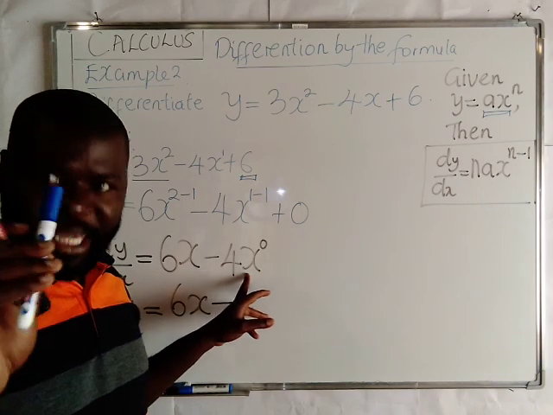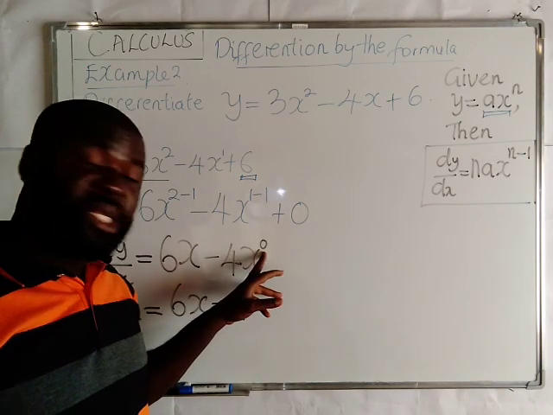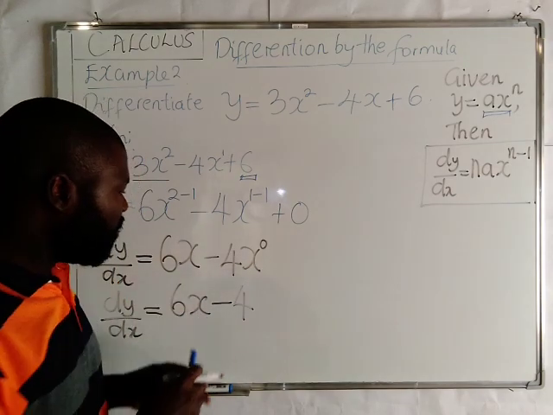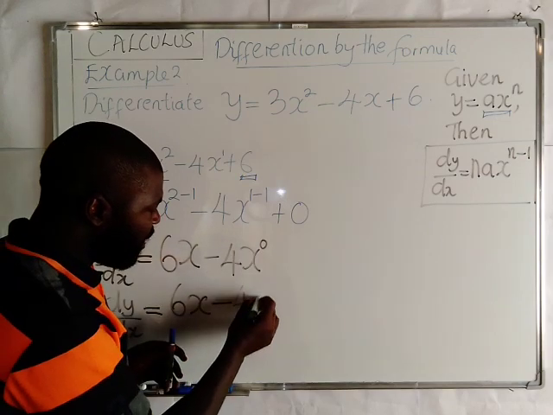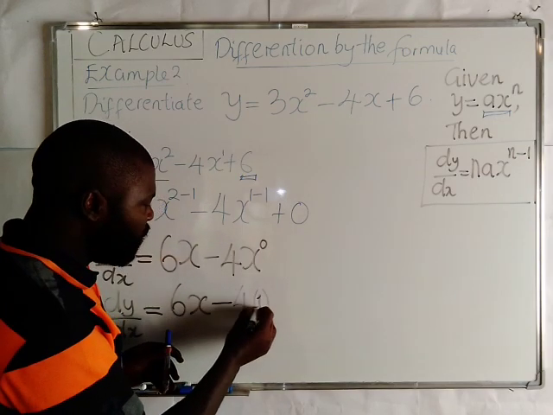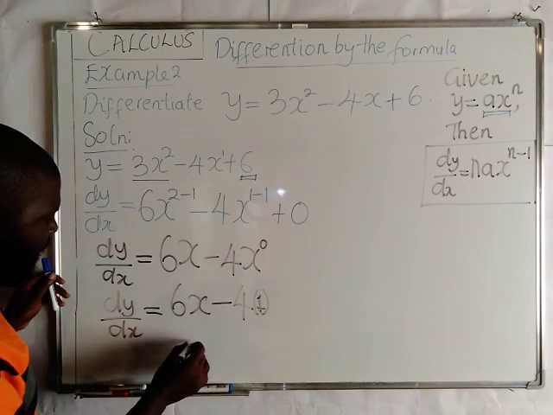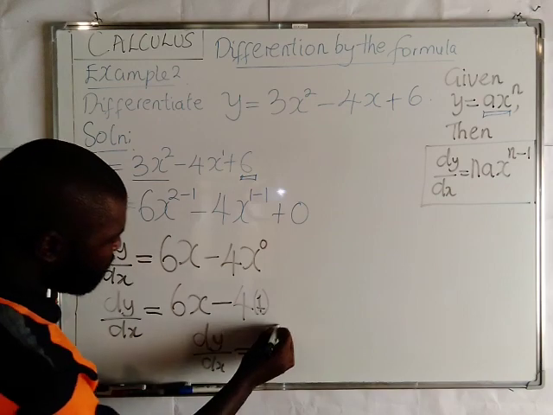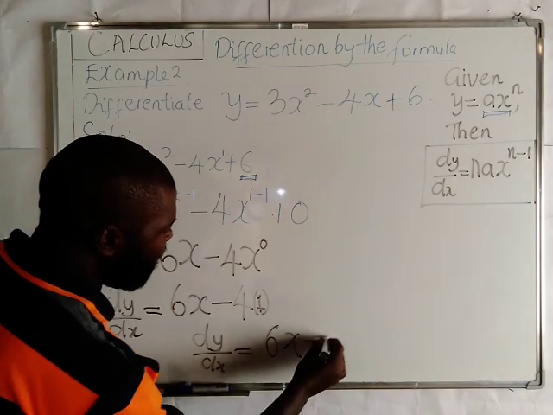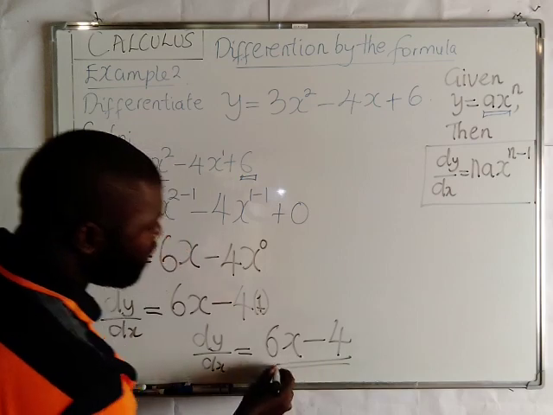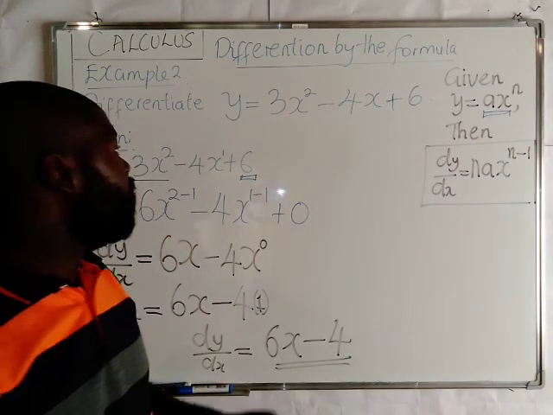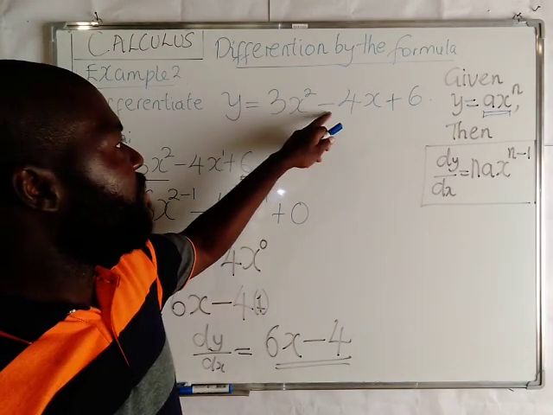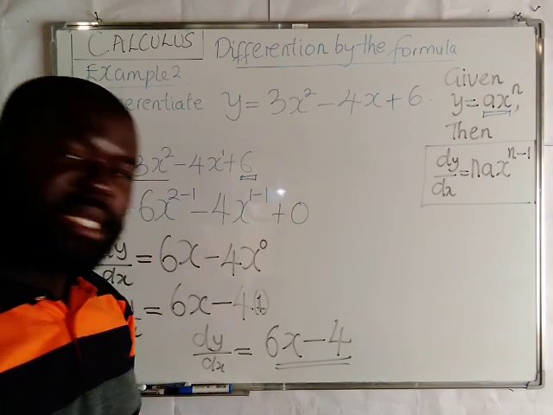It is actually x. This power 0 is only on x. It is not on 4. It is only on x. So it is the x power 0 that will give us a 1 here. So our final answer will be dy dx is equal to 6x minus 4. So this is our derivative of y is equal to 3x squared minus 4x plus 6. Thank you.